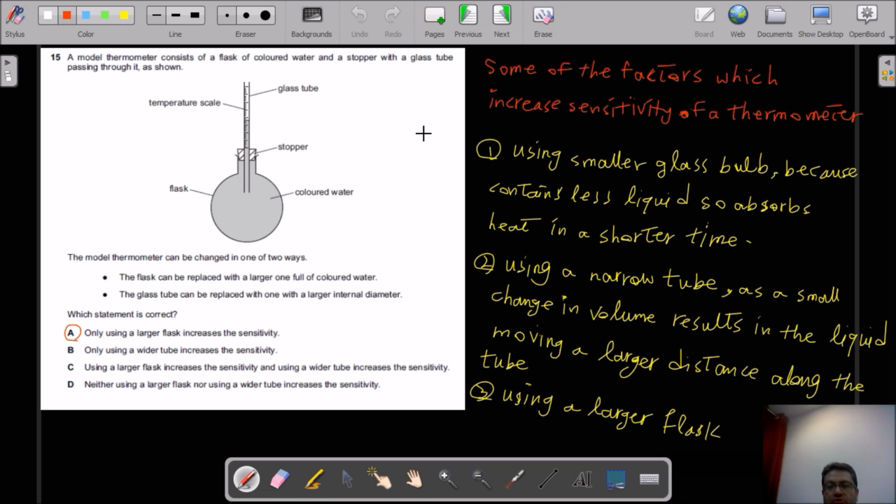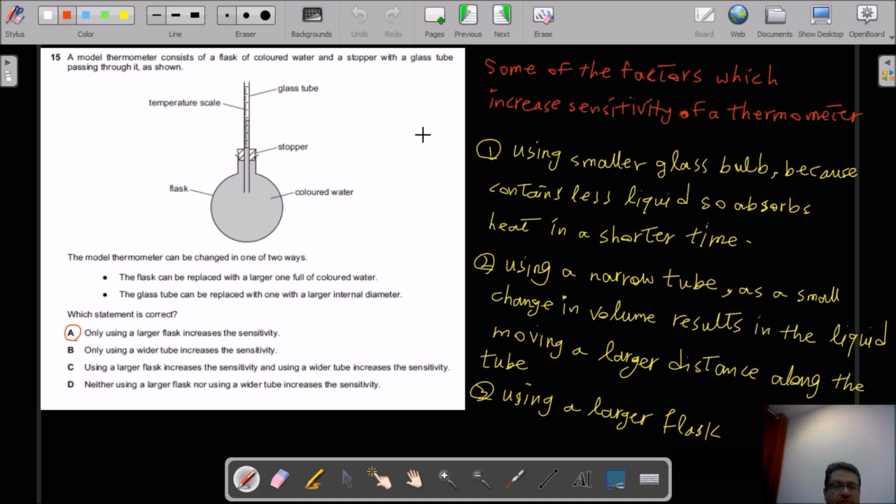Number two, using a narrow tube, as a small change in volume results in the liquid moving a larger distance along the tube. That's why using a narrow tube increases the sensitivity of a thermometer. And the last one, using a larger flask. So these are factors which increase the sensitivity of a thermometer.